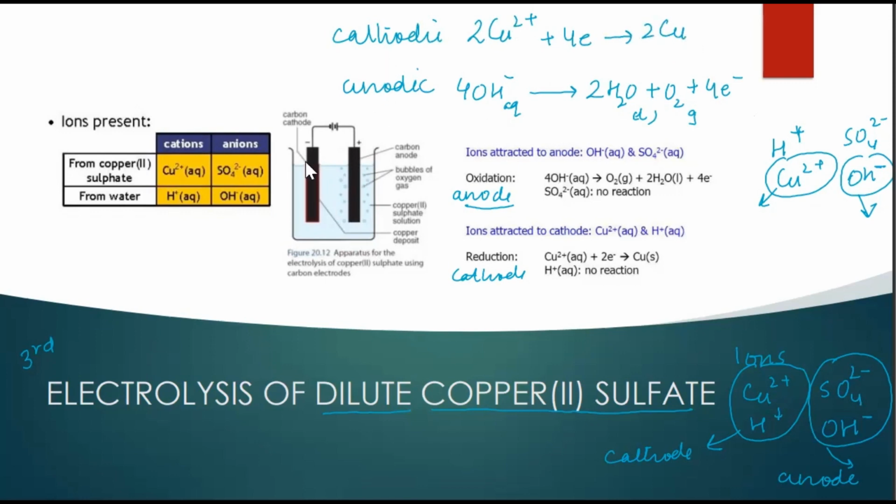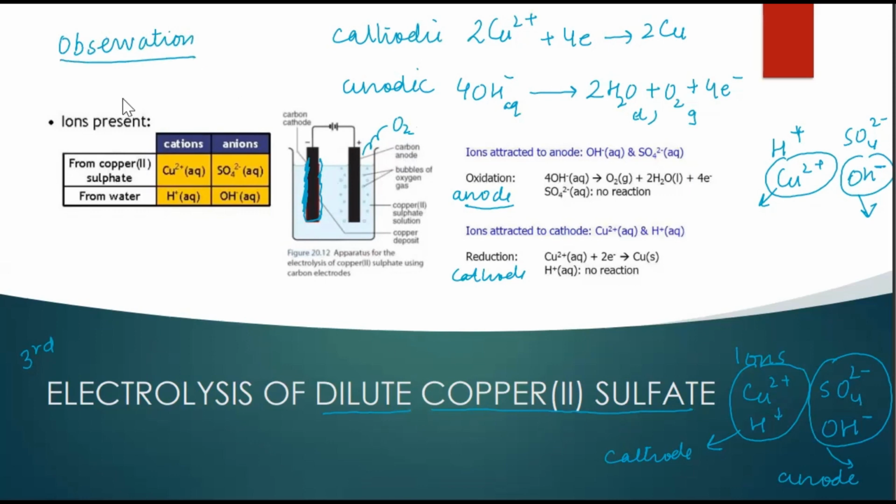So we can see a layer deposited all around the cathode, the pink color deposit around the cathode. So this is going to be the observation here. Whereas at the anode, we will have the oxygen being liberated, which we can test by bringing a glowing splinter, which will relight again.